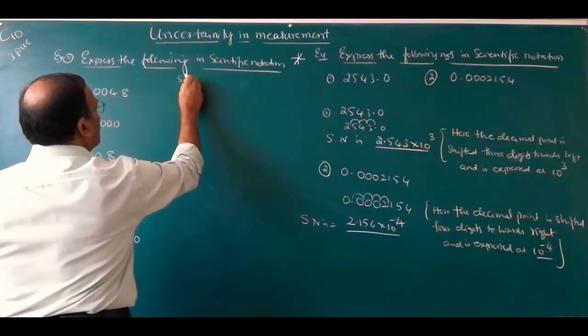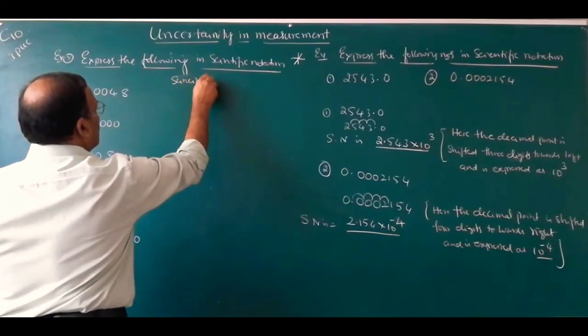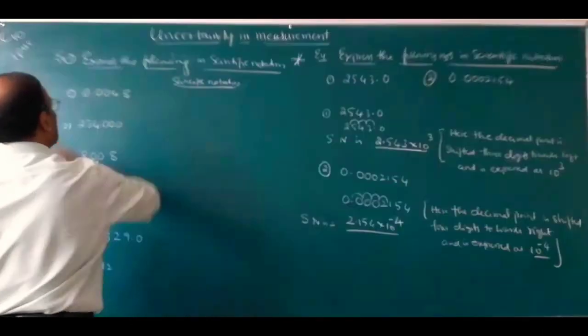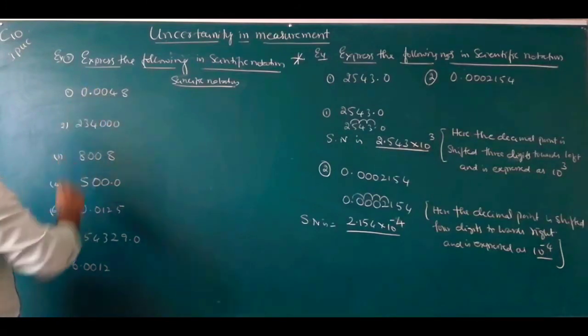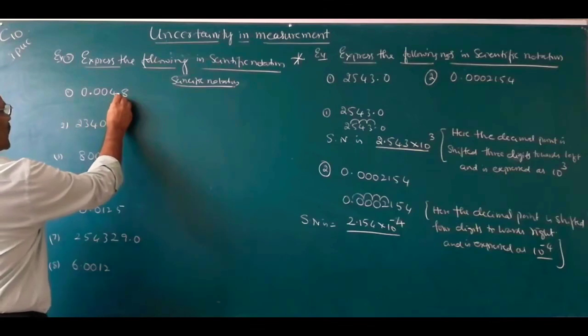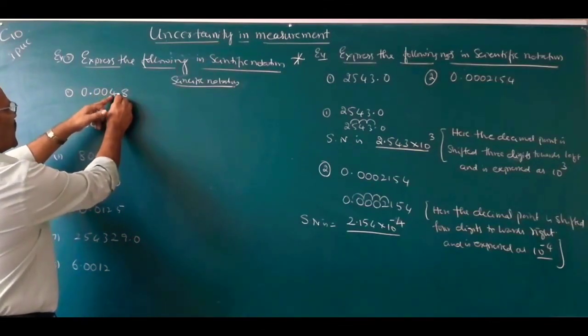What is the scientific notation? How to write the number in scientific notation? Here is the decimal point, 0.0048. It has to be shifted here. How many digits do we have to shift? 1, 2, 3.